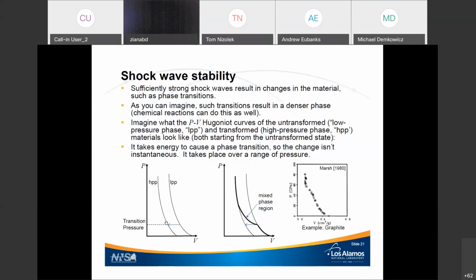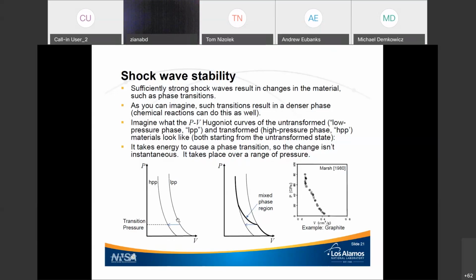The material would like to jump, but it can't. The reason it can't is that phase transitions and yielding and chemistry take energy. The shock wave only provides the amount of energy given by the Rankine-Hugoniot equations.